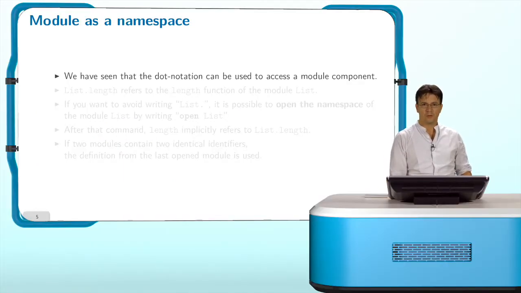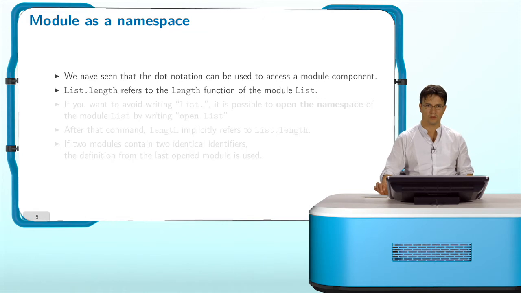The first thing to know is that a module defines a namespace. So we already saw that the dot notation can be used to access a module component. When you write List.length, it is a reference to the length function, which is defined inside the module List.